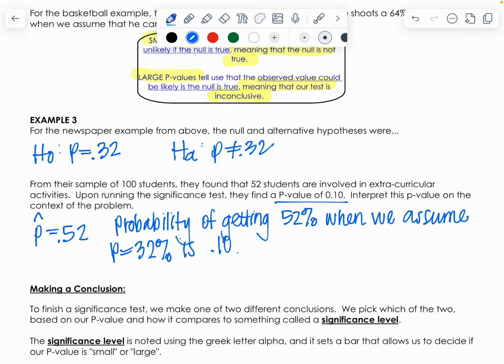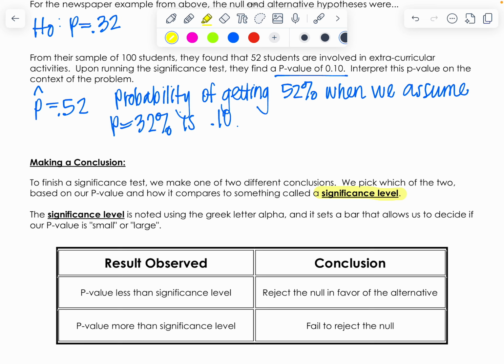And to make a final conclusion, we use what's called a significance level. So remember confidence levels? Well, we have significance levels. And a significance level is noted using the Greek letter alpha. So it looks like this guy. And it sets a bar that allows us to decide if our p-value is small or large.